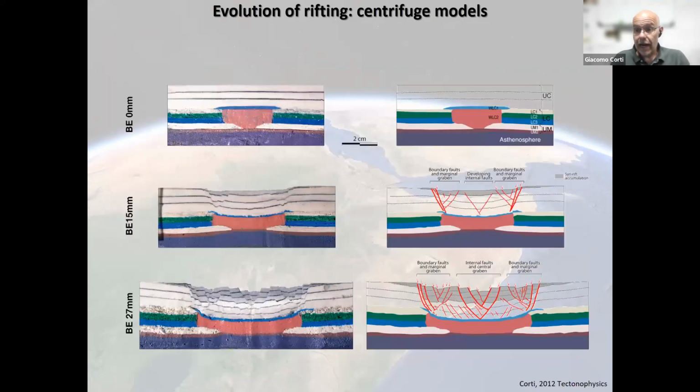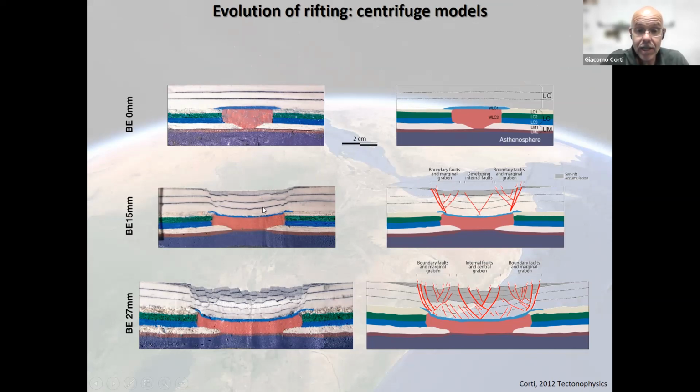Even if you analyze the model in cross-section, and we can do that by freezing the model and cutting progressive cross-sections, you see that this is the undeformed model. This is the photo of the cross-section and the interpretation of the cross-section.